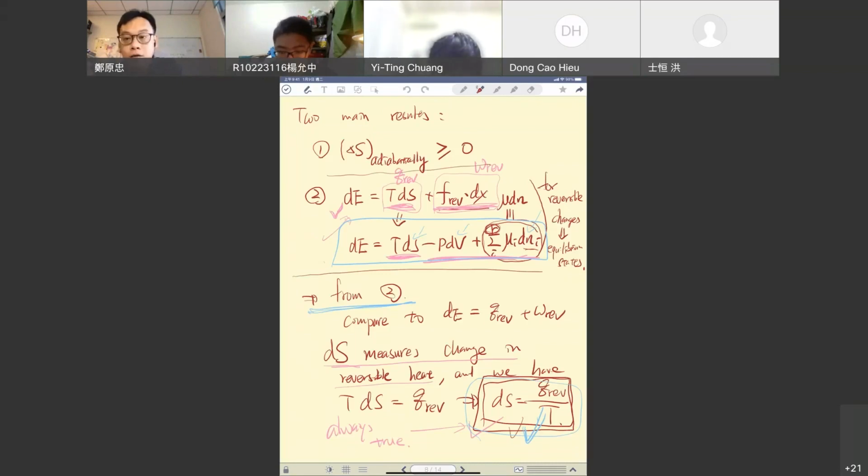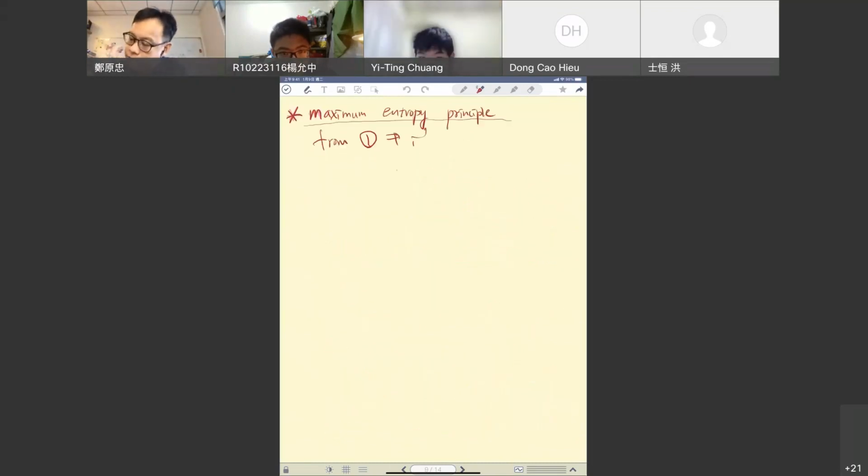Now, since entropy increase leads to a spontaneous process, and spontaneous means it will happen, another way to look at this inequality is: if a system can increase its entropy, it will do so.